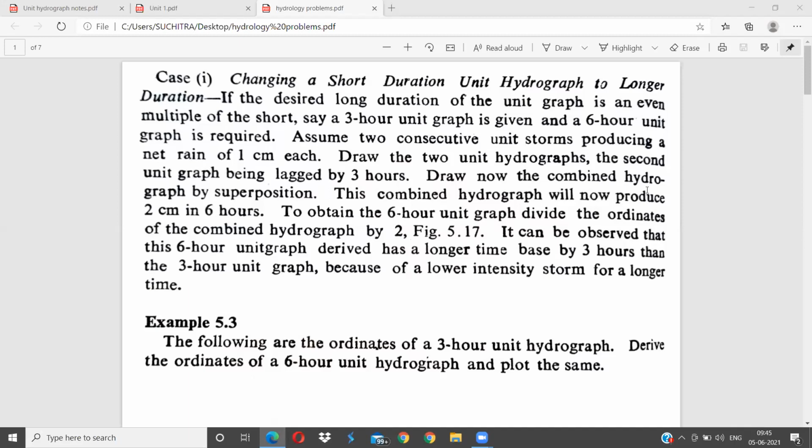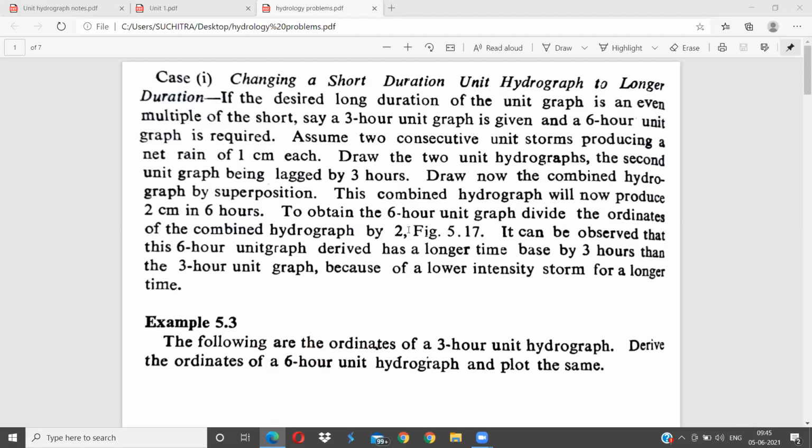Now draw the combined hydrograph by the method of superposition, and this combined hydrograph will produce 2 centimeters in 6 hours. Now to obtain a 6-hour unit hydrograph, because we are changing a short duration unit hydrograph to a longer duration hydrograph, divide the ordinates of the combined hydrograph by 2.